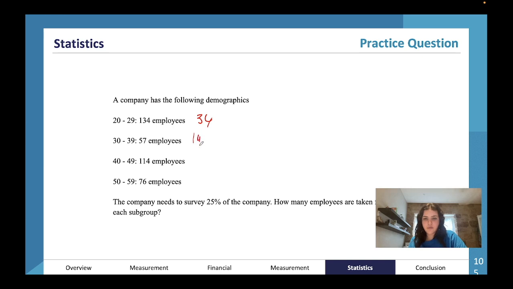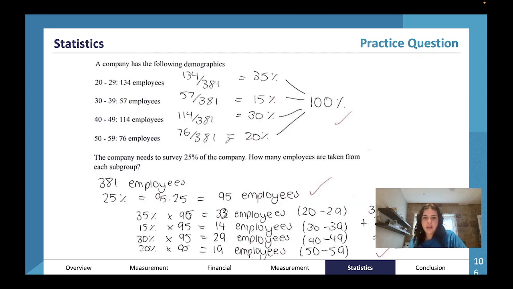So we're going to round down to 14 employees. 114 times 25% is going to give us 28.5. So we'll round up to 29. And then 76 times 25% gives us 19 employees. So we need to take 34, 14, 29, and 19.